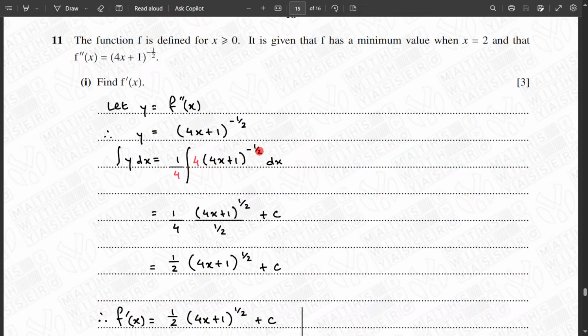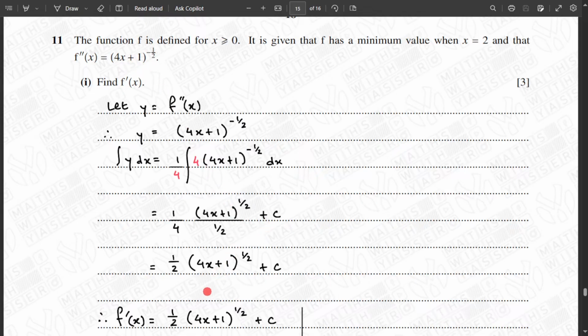So minus half plus 1 will give us positive half, over the power that we got, half. So that will give us 1/4, and 4 into half will give us 2. So half within brackets (4x plus 1) to the power half, plus c. This is what we got by integrating this equation.